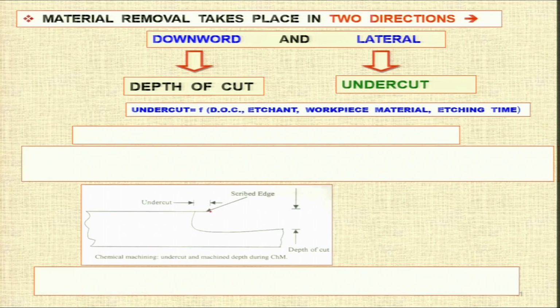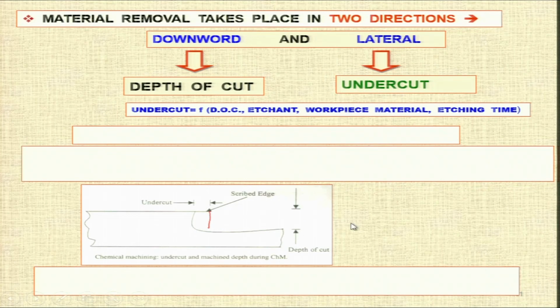As per our requirement, cutting should have been done only up to this point, but it is going beyond that, and that's why this length is known as undercut, and this part is the depth of cut from the top surface to the bottom surface, where this depth of cut is varying along the length, but here it is like this.